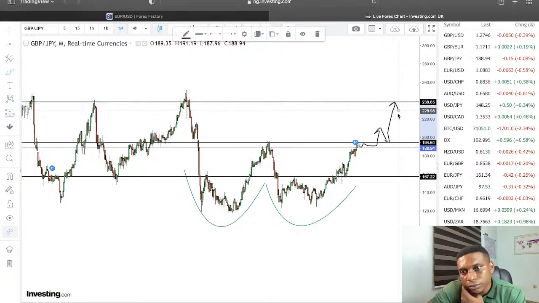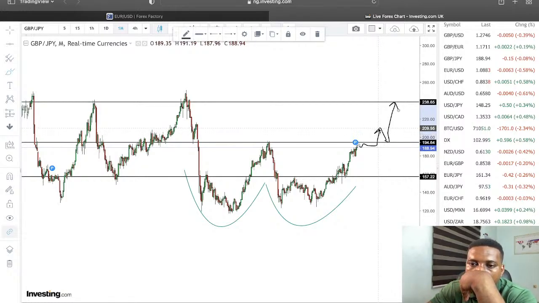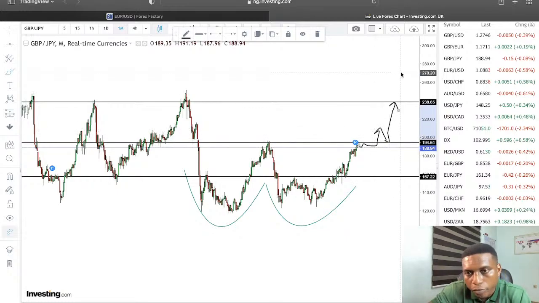GBP JPY would consolidate on this level, would range a bit, and then break upside, after which there would be a pullback and a continuous upside momentum on GBP JPY.